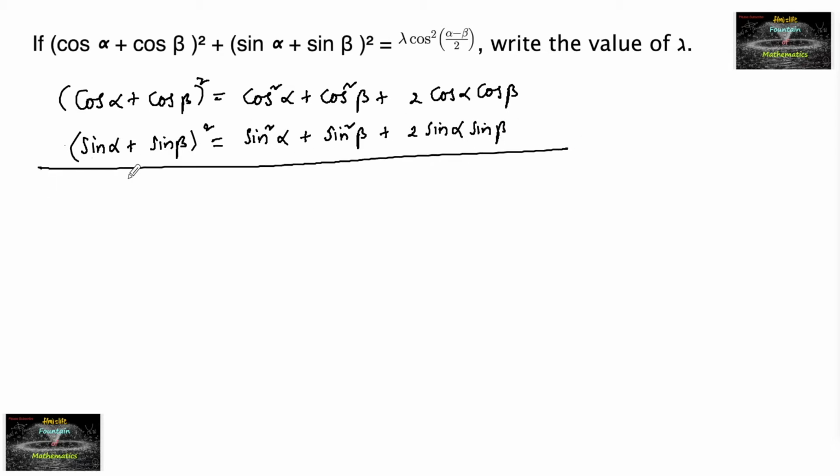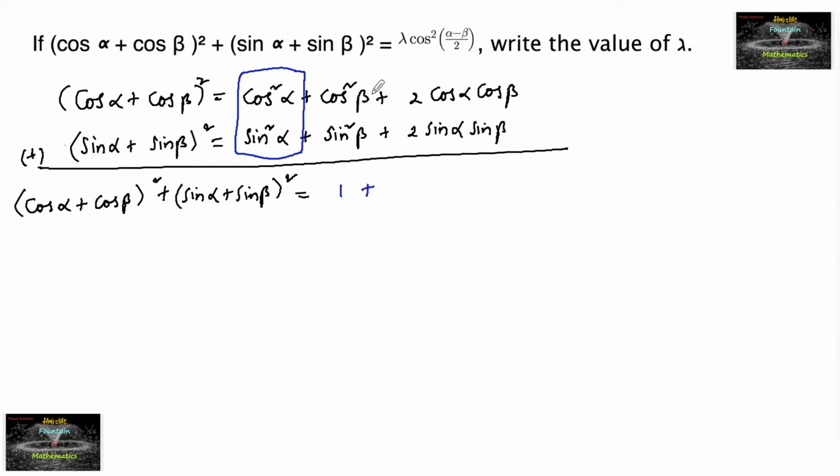And on adding both, (cos alpha plus cos beta) whole square plus (sin alpha plus sin beta) whole square equals sin square alpha plus cos square alpha, which is 1, and cos square beta plus sin square beta is again 1, plus 2 times (cos alpha cos beta plus sin alpha sin beta).